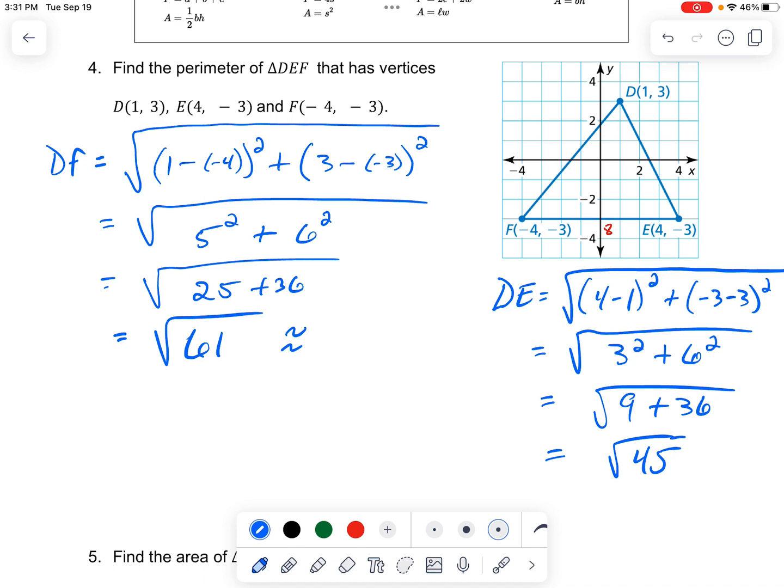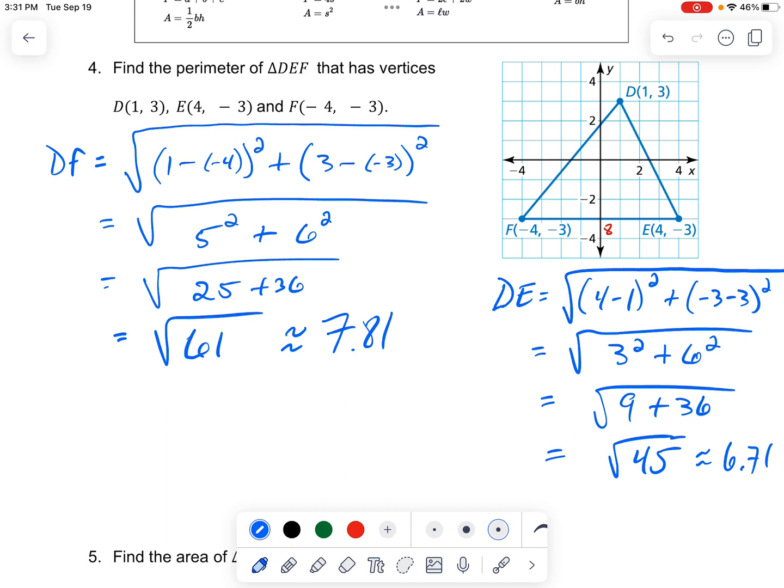So the square root of 61 is approximately 7.81. I've got a whole lot more digits, but I normally just round to 2 when we're using a calculation like this. And then the square root of 45 is approximately 6.71.